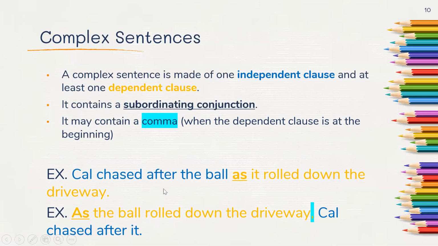So all I've done here is switched and put the dependent clause first and put the independent clause second. And now I need a comma. So it's as the ball rolled down the driveway, comma, Cal chased after it. Same idea is expressed, but because my sentence starts with the dependent clause, I have to have a comma. So that's how you know when you need a comma. Let's look at another example.